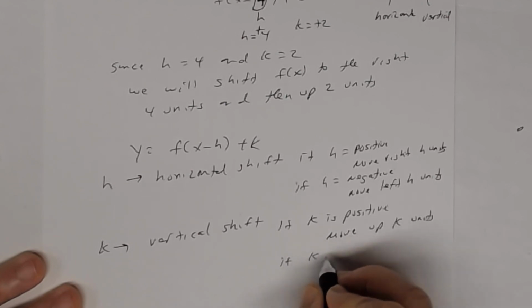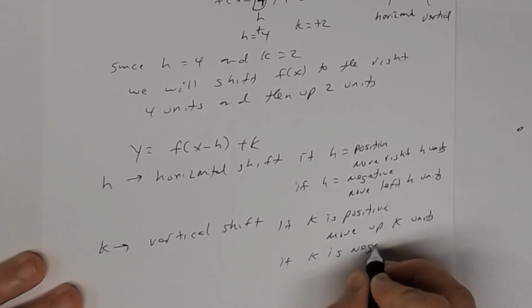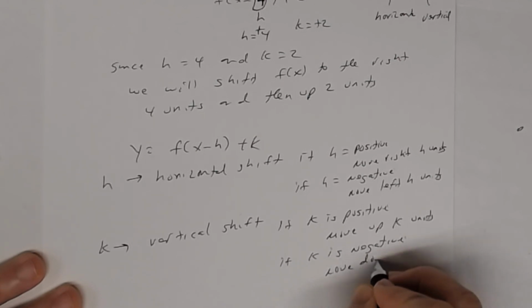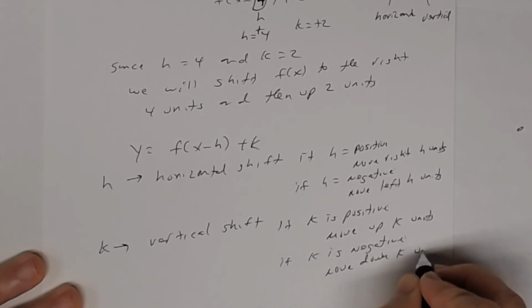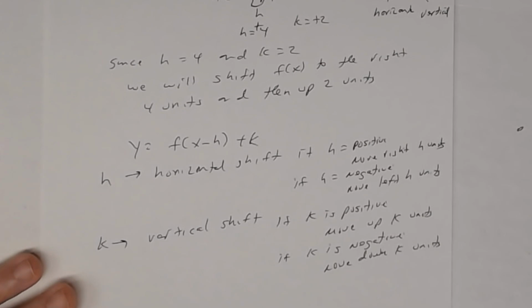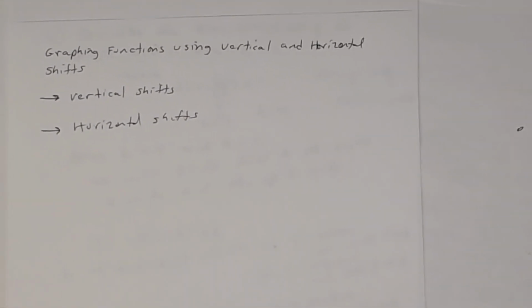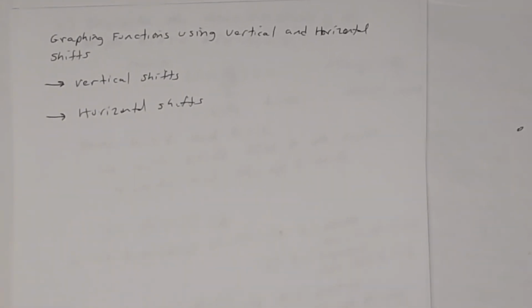If k is negative, move down k units. Okay, so it's not a difficult process, but that is our lesson on graphing functions using vertical and horizontal shifts.